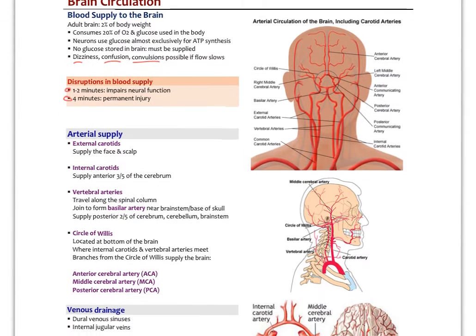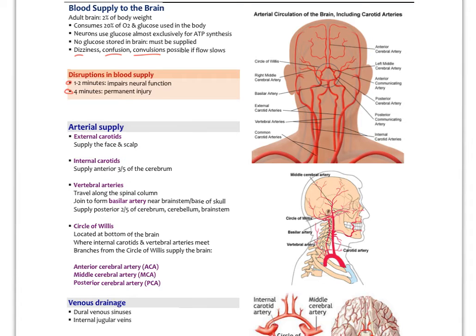So how does blood get to the brain? Well, it gets there first through two major arterial systems. So we have the carotid arteries, and they branch off. I'll start with the second diagram down here. If we look at the blood vessels coming off the heart, the carotid arteries branch into an internal branch and an external branch.